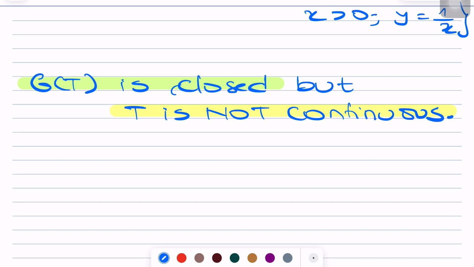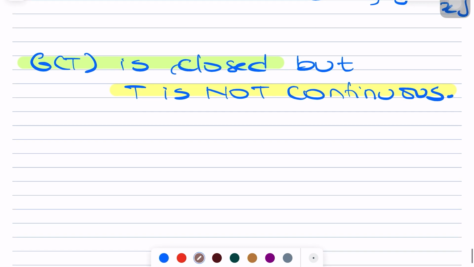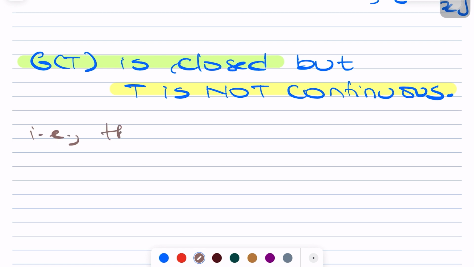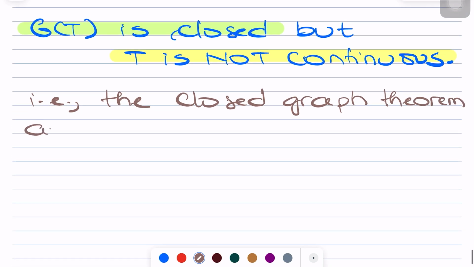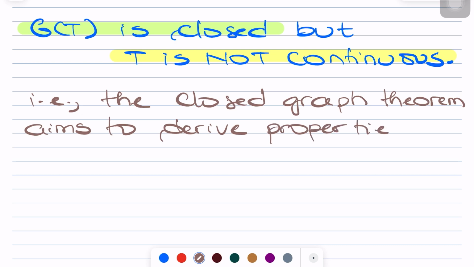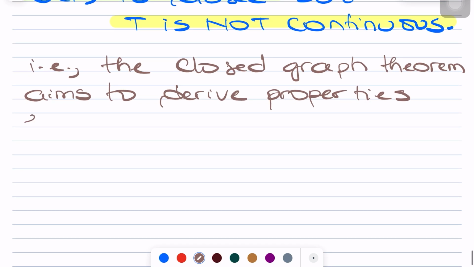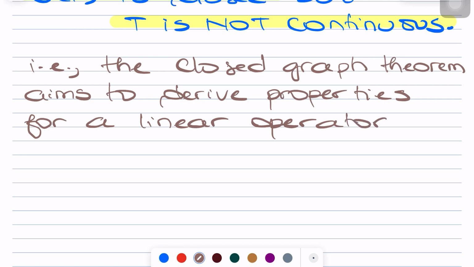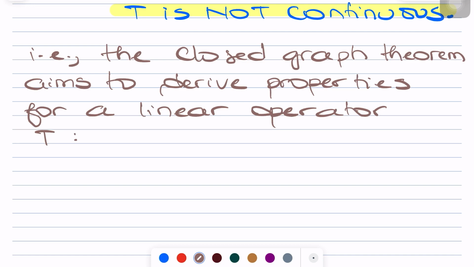So this means, as I said, that the closed graph theorem aims to derive properties for a linear operator T between Banach spaces, to be bounded or continuous.